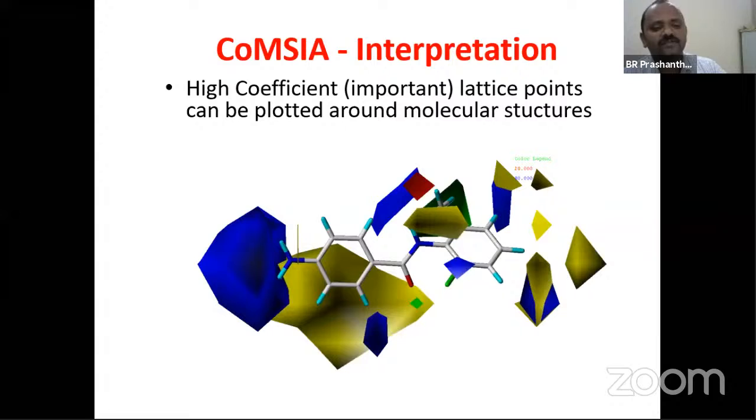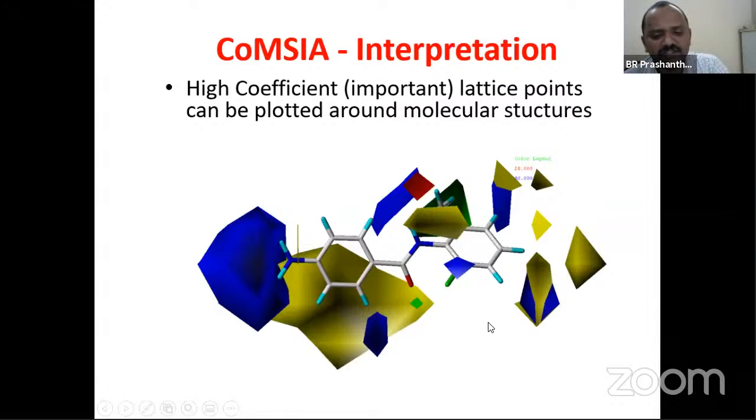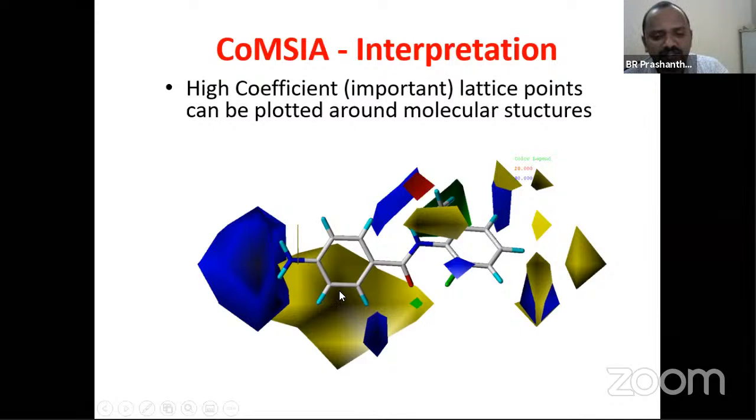Now finally, what we get is a contour map. In this contour map, the yellow contour is the region where steric extension will not be favored, and where there is a green contour, steric extension will be favored.